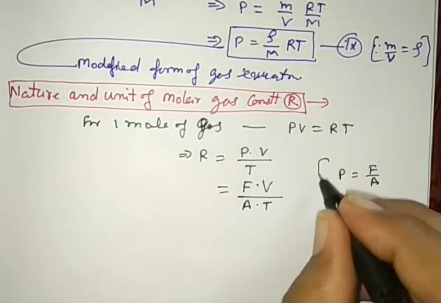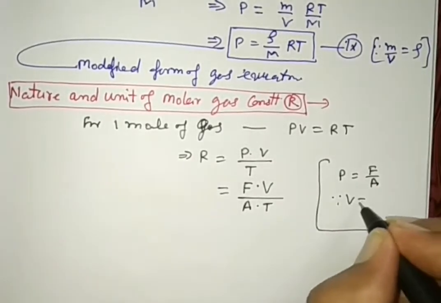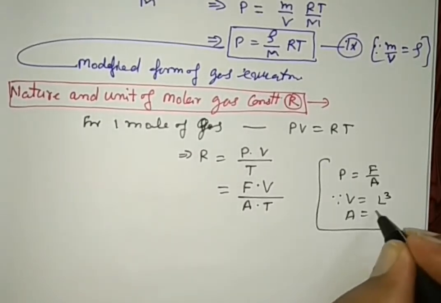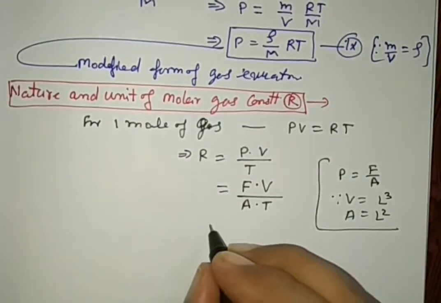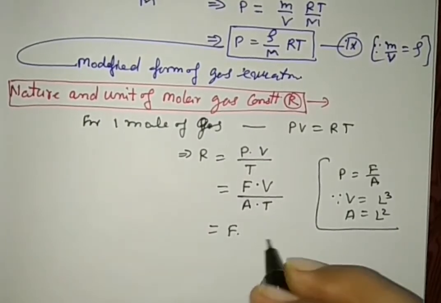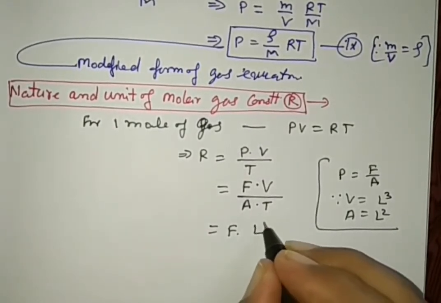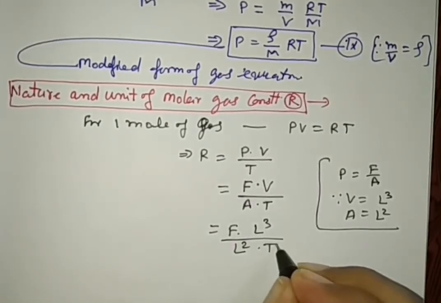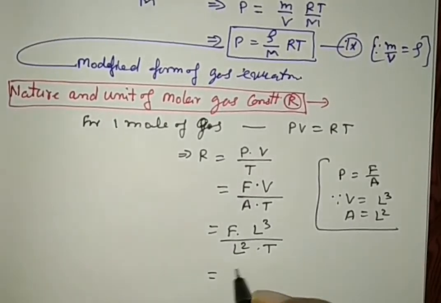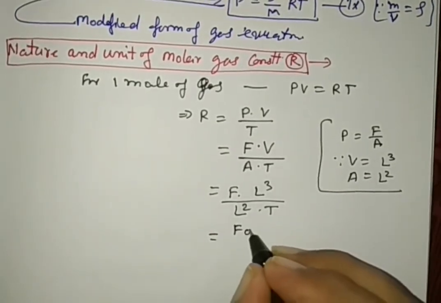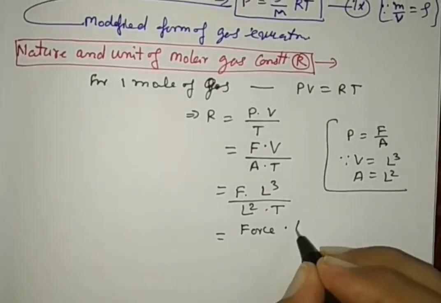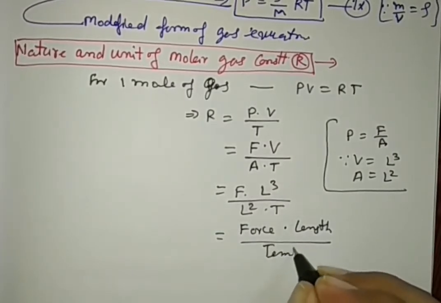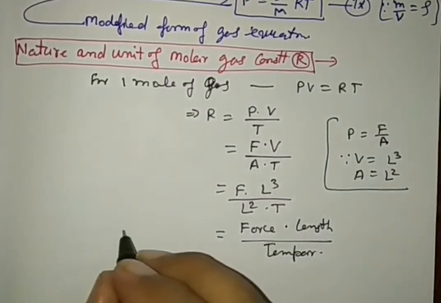Since volume is equal to length cube and area is equal to length square, we may write this as force into length cube by length square into temperature. It can be written as force into length by temperature.